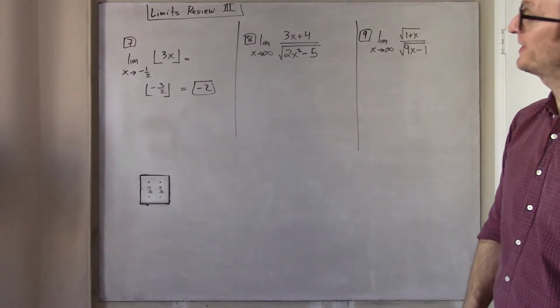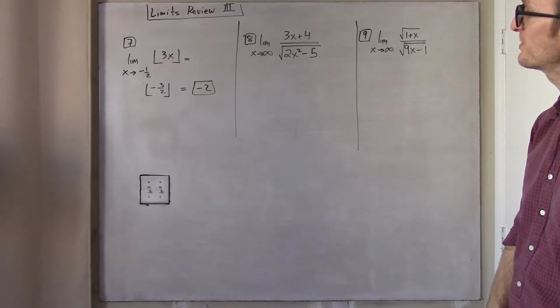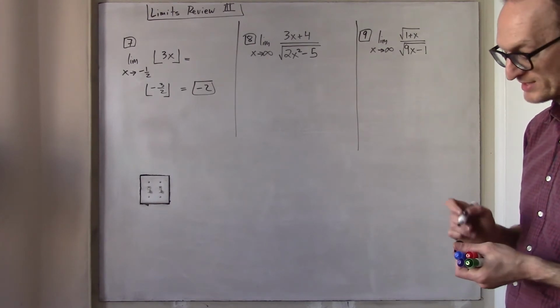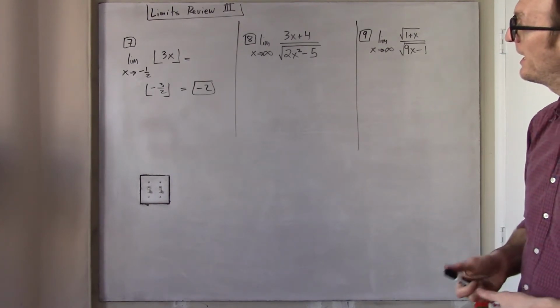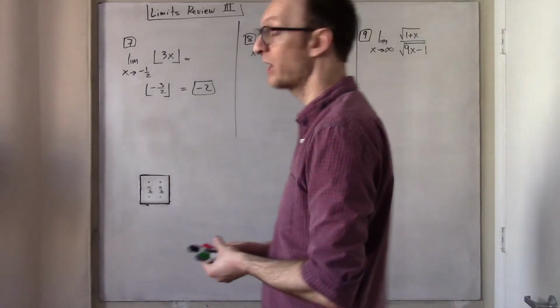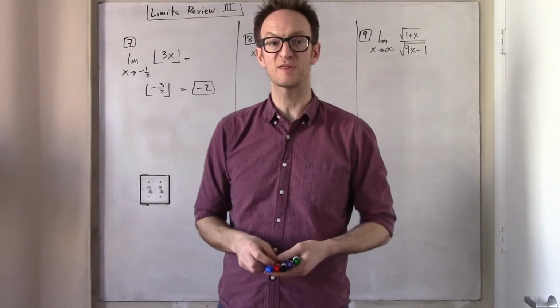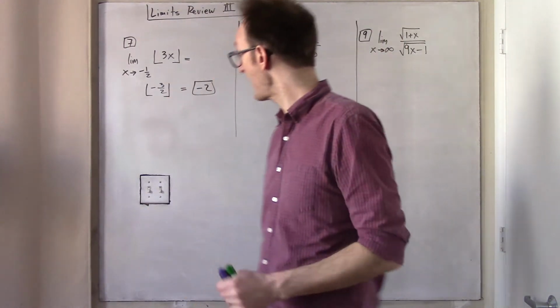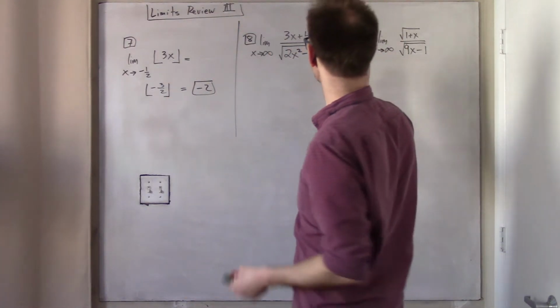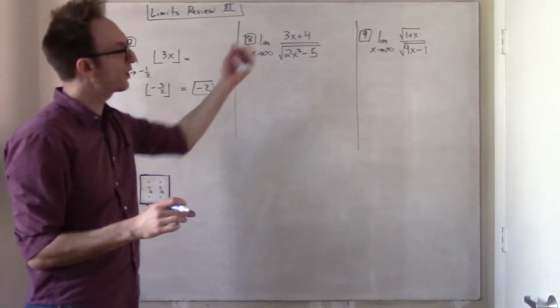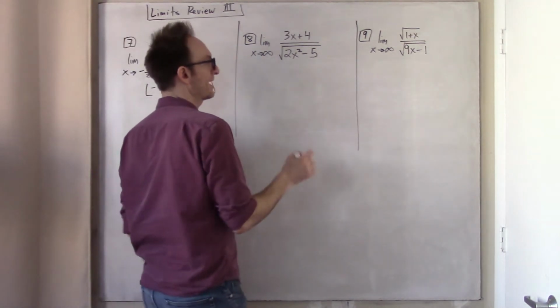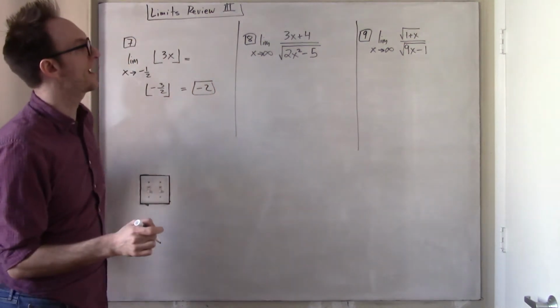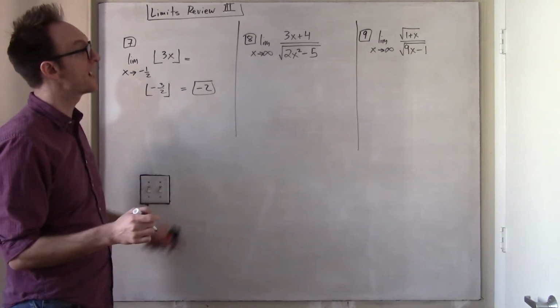Number 8: limit as x approaches infinity of 3x plus 4 over root 2x squared minus 5. All right, this is kind of a repeat of a problem type that we did on Limits Review 2. So this is just more of this. And what should we do? Well, it's not quite a rational function, but it's kind of like a rational function. So I want to divide by the highest power of x in the denominator.